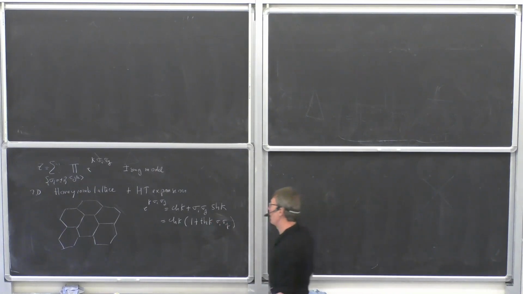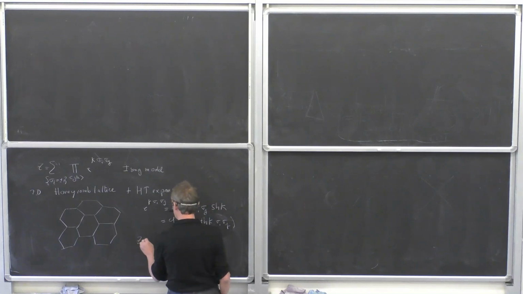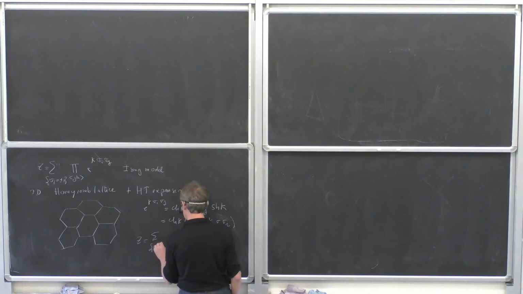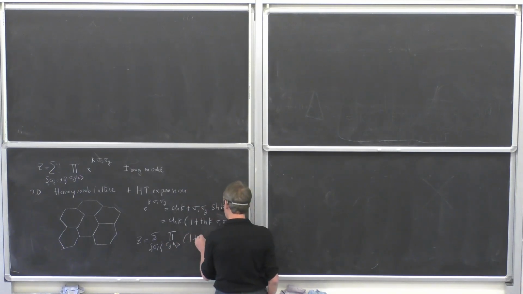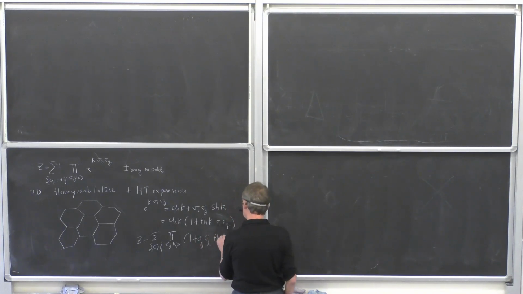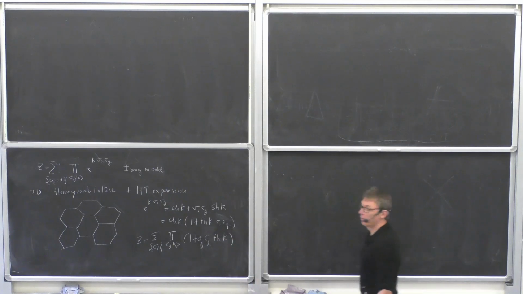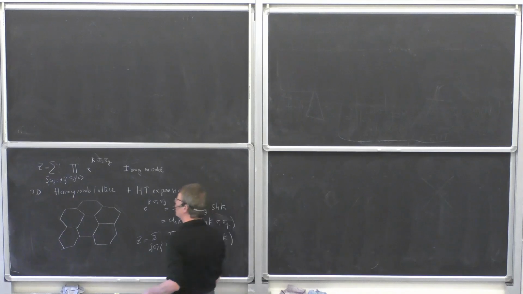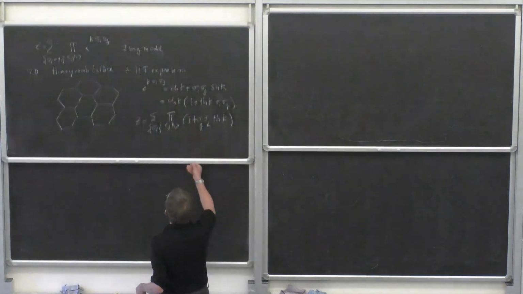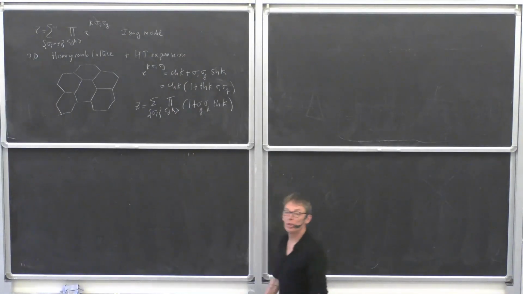So we can rewrite the partition function Z as the sum over all the sigmas of the product over the neighbors of 1 plus sigma_j sigma_k tanh k, and I factored out a cosh k, which is a trivial normalization constant. I don't worry about that.